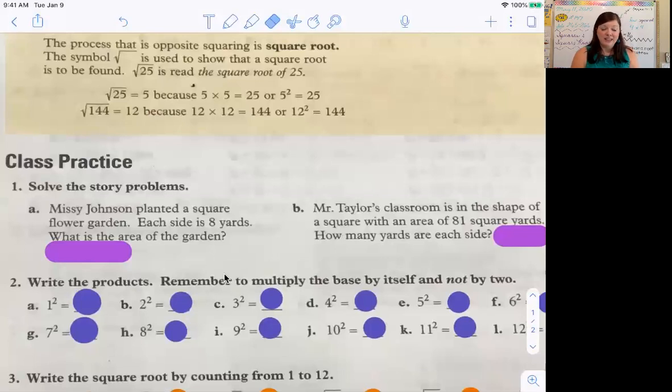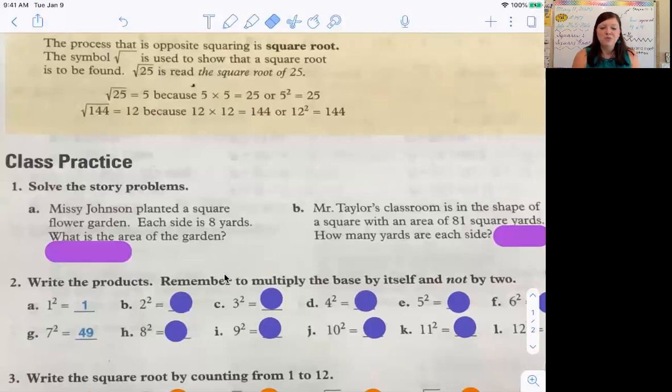Let's read letter A together. Ready, begin. 1 squared. What does 1 squared mean? 1 times 1. What is 1 times 1? It is 1. Uh-oh, we've already seen 7. Let's do it together. 7 squared means 7 times 7. And 7 times 7 is 49.